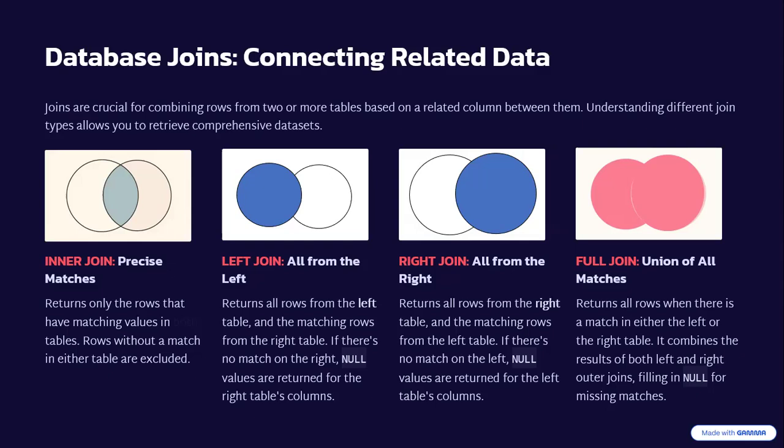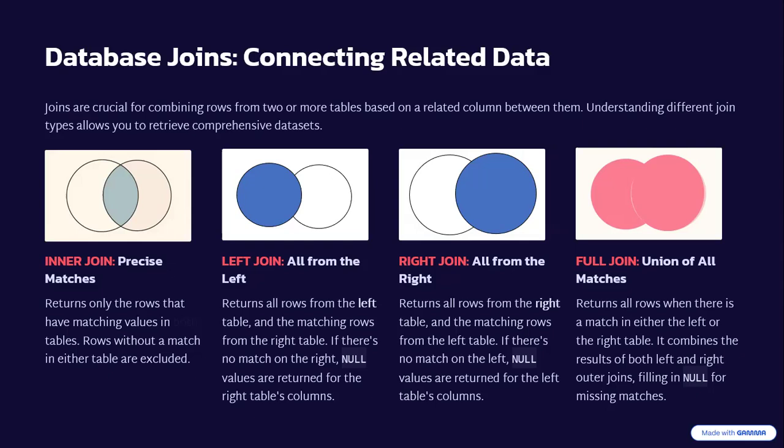So we have inner joins, and an inner join returns only the rows that have matching values in both tables. Rows without matching values are excluded. The left join returns all rows from the left table and the matching rows from the right table. So all the rows from the left table will still be intact, but it gives us the matching rows from the right table.